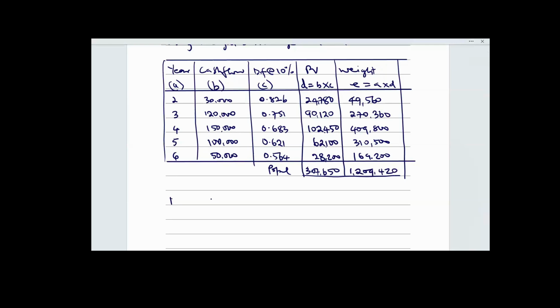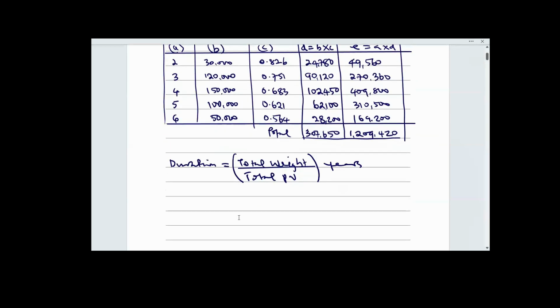So in this case, I need to calculate my duration. Duration will be equal to total weight over total present value. Of course, everything must be expressed in years. On the day of your exam, if you have a question on project duration, don't be in too much of a rush by not putting years.